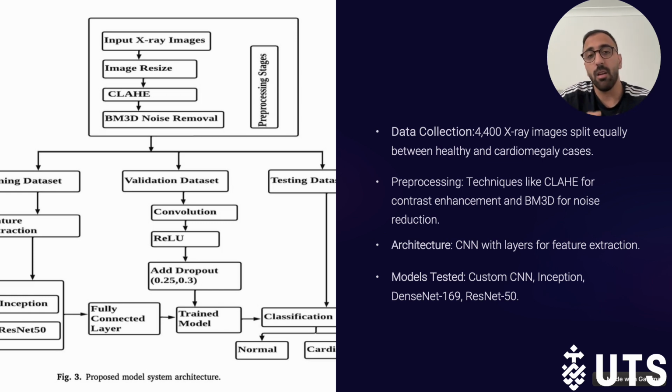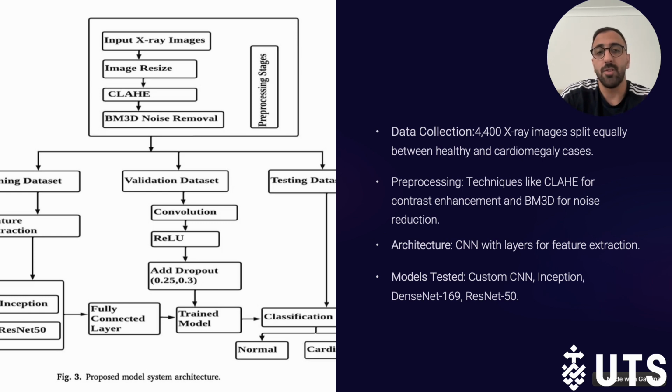The deep learning model they have used is based on convolutional neural networks, or CNN, which are ideal for image classification tasks. They tested four different models. The first one is a custom CNN, then Inception, DenseNet 169, and ResNet 50.